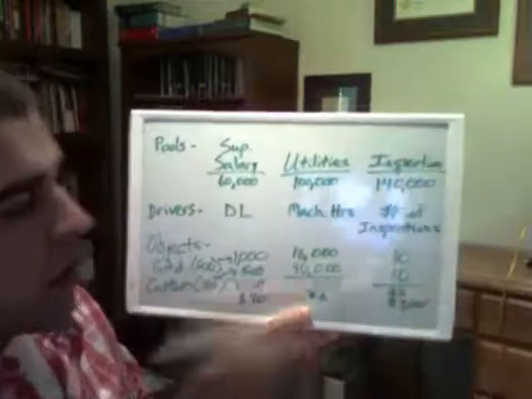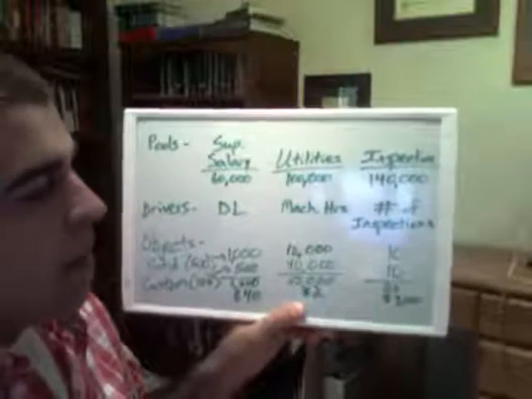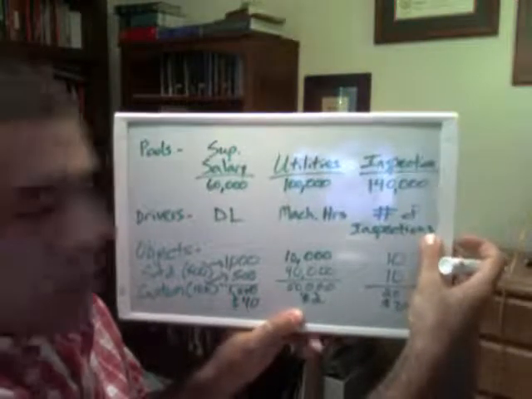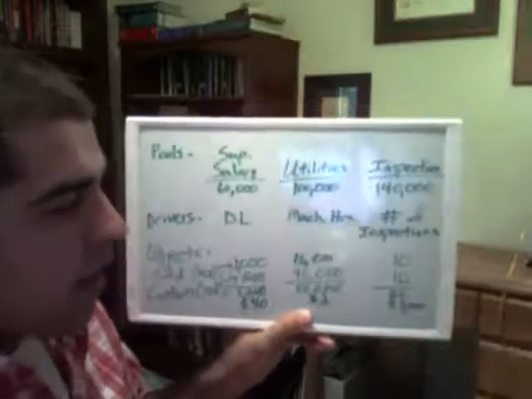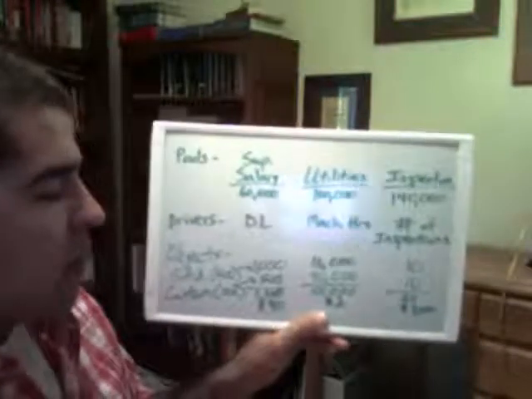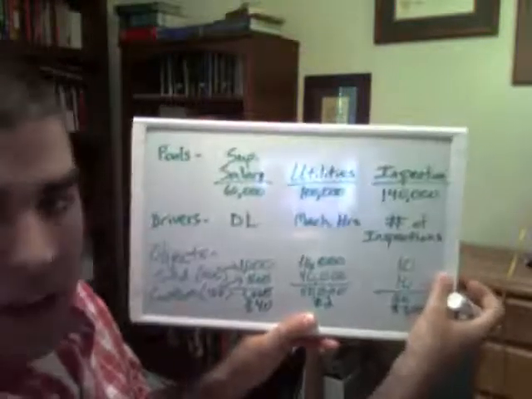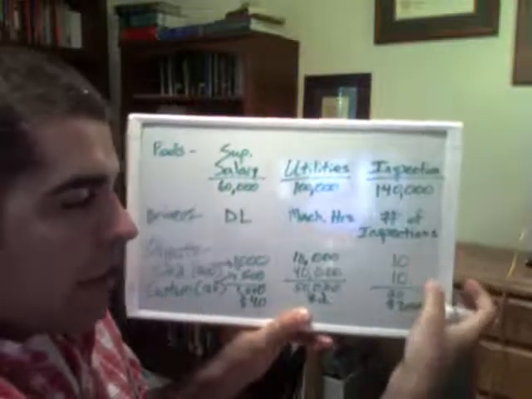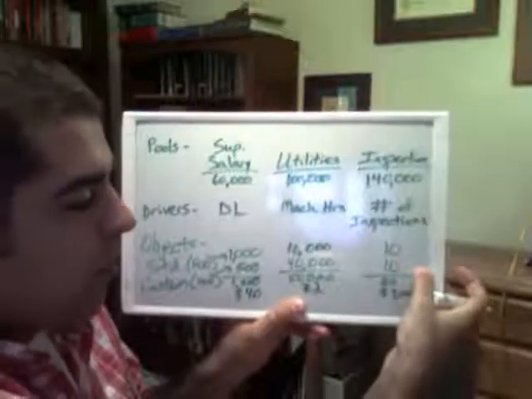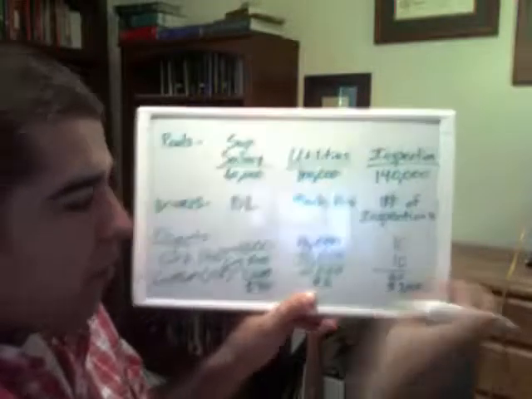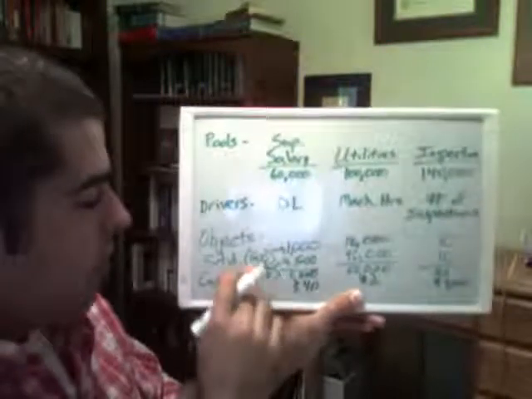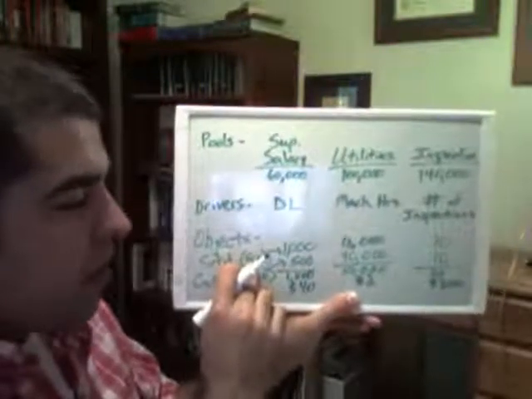Now let's look at inspection here. 140,000 is the amount in our inspection cost pool. This is driven based on the number of inspections that occur for each product line. So standard units are more standard. There's less to actually inspect, so we only have to have 10 inspections for the period. Custom units are more custom, so they have also 10 inspections, but there's a lot less. We only have 100 custom units that we're building, 500 standard units that we're building.